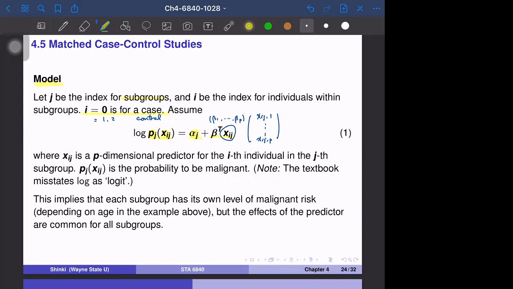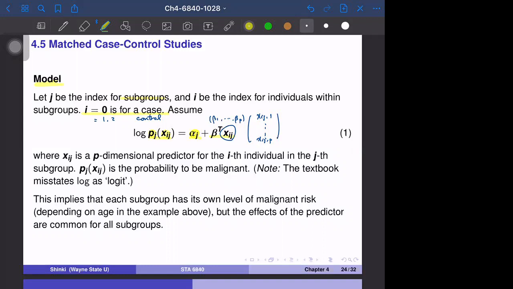The parameter should be something in common: alpha_j depends on j, but beta does not depend on j. So only the j part is alpha_j. This is the model.